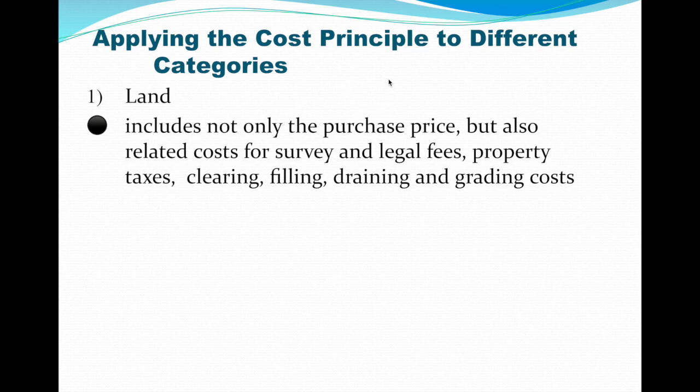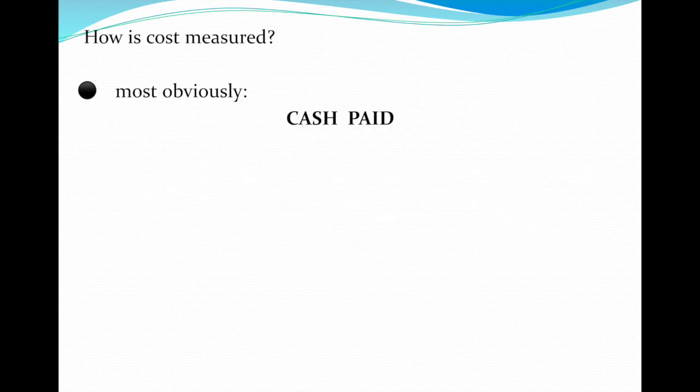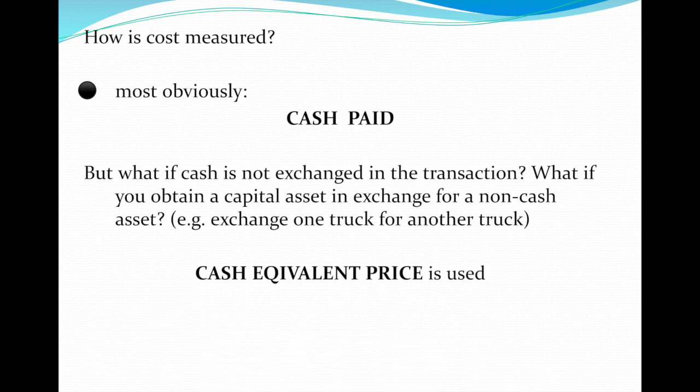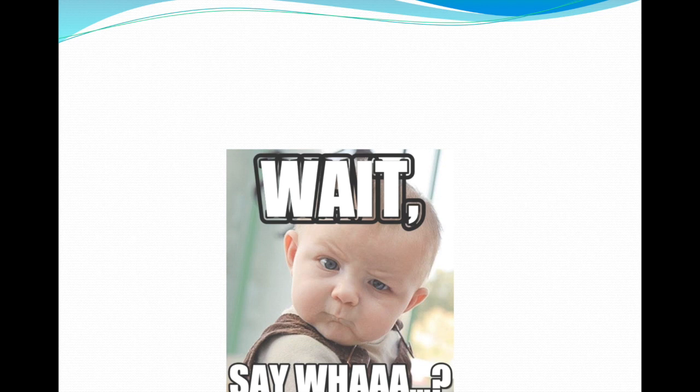We acquire this piece of land, and all the associated fees that come with preparing this land for use would be lumped up and recorded in the acquisition cost of the land. So the price of the land plus any and all of those other things. Maybe all of them and maybe none of them. I mean, it won't be none of them, but I'm just saying there is a range there. There's flexibility in terms of what's included.